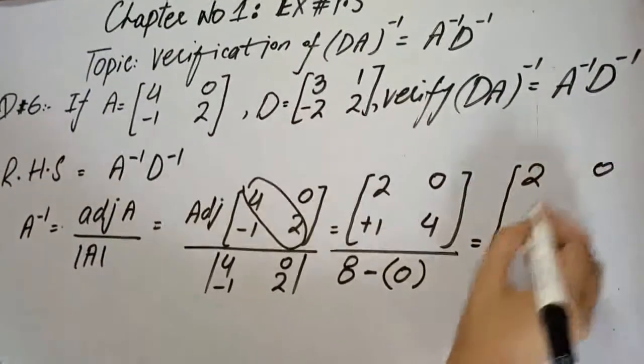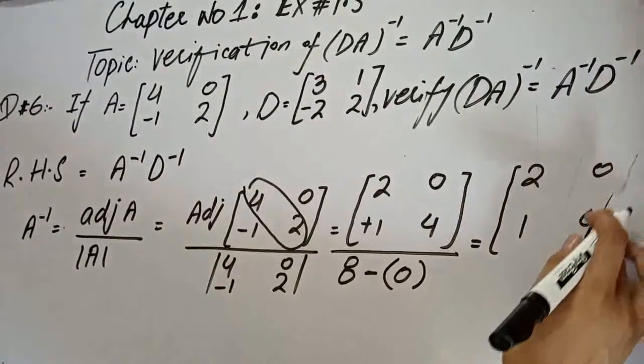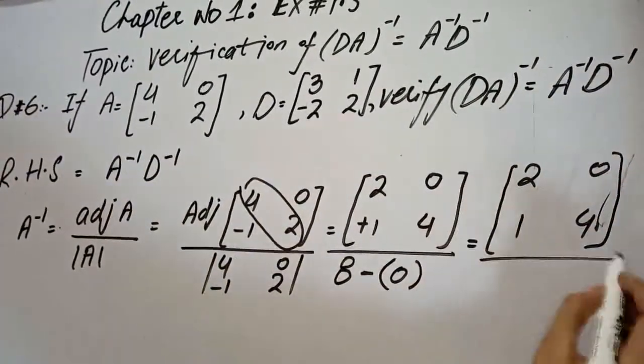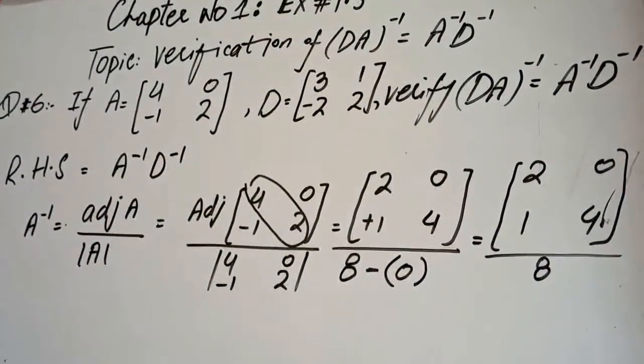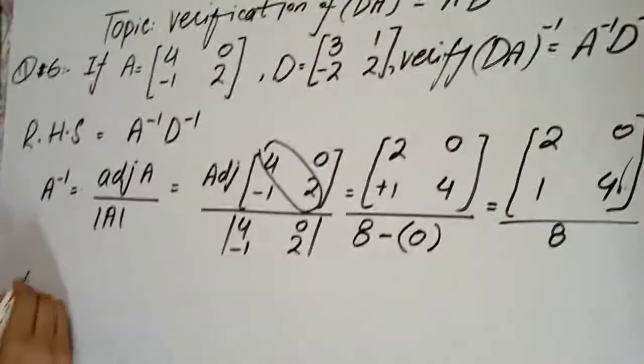The matrix is 2 0 1 4, and this is divided by 8. Now this 8 will be divided by all the entries of this matrix.